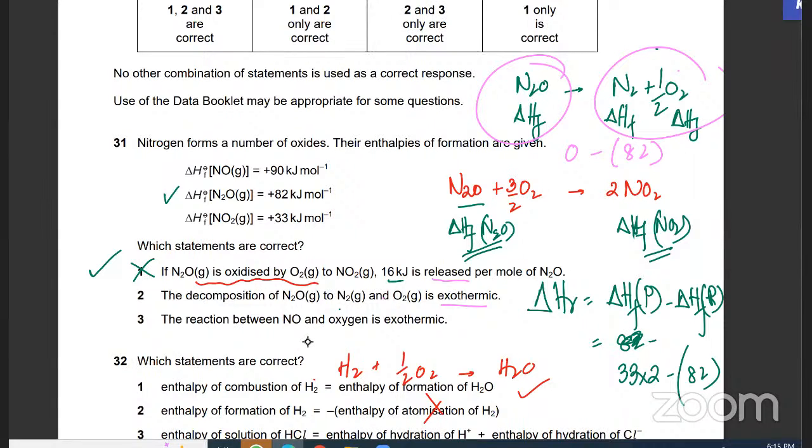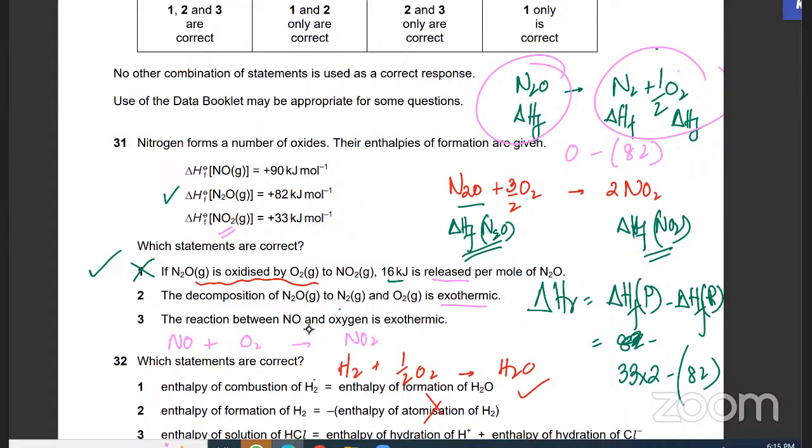I think the only possible oxide is that there's going to be further oxidation. So NO will turn into NO2. Because over here NO is +2, so if oxygen gets added, that's further oxidation. The number of oxygens should increase, right? So it should be exothermic, but we can prove it using the data that's given.